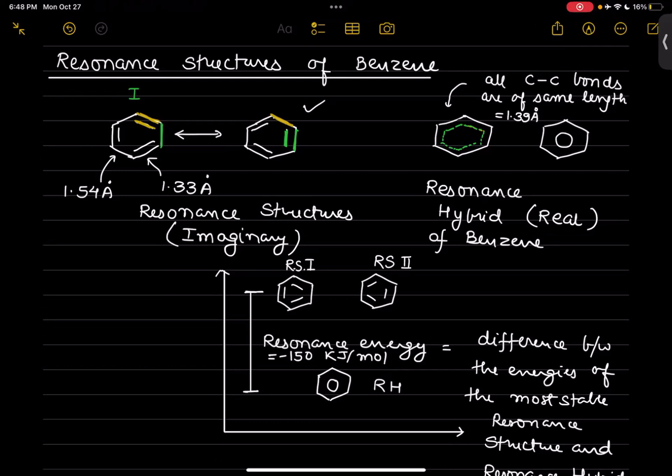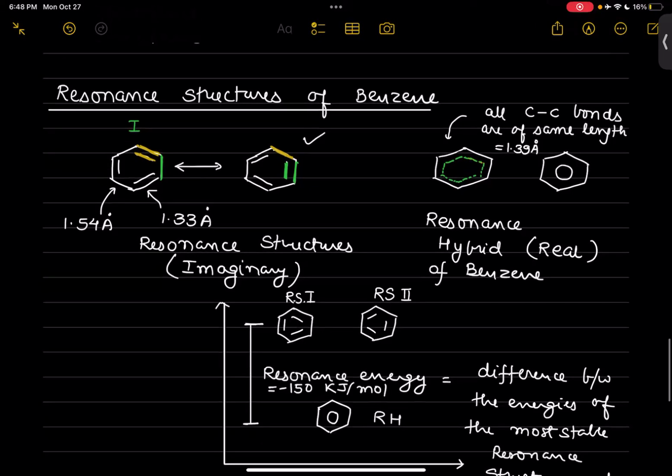Like the double bonds will be connected to each other in a single line inside the molecule and represented by dotted structures. Partial bonds, right?